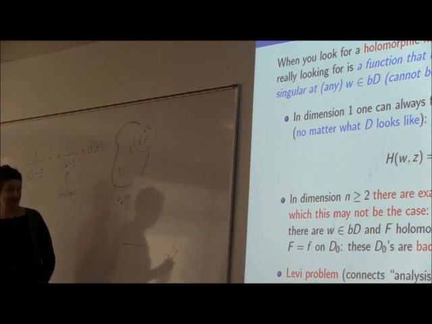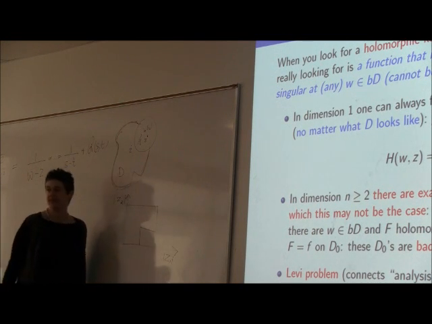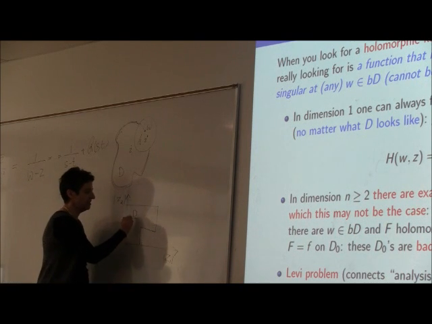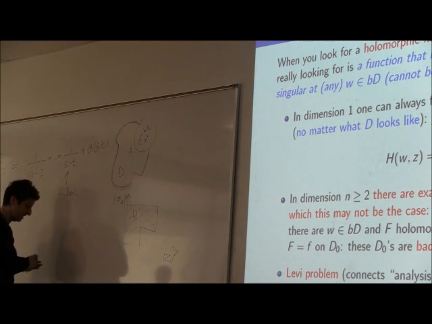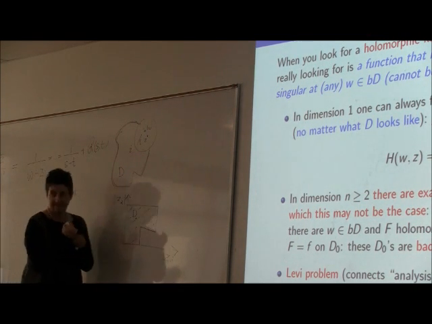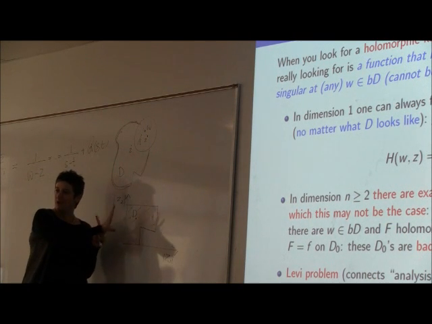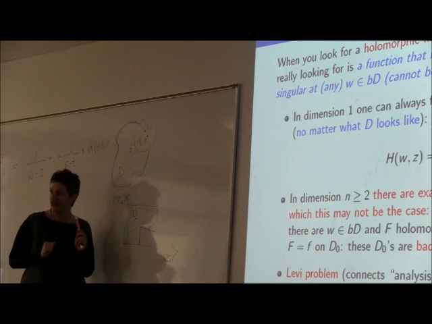So with that in mind, Hartogs' example looked like this. So the domain D0 that he came up with was this. And the remarkable phenomenon that he discovered was... So you mean all points that have those absolute values? Yes. All points with absolute values falling into this picture.